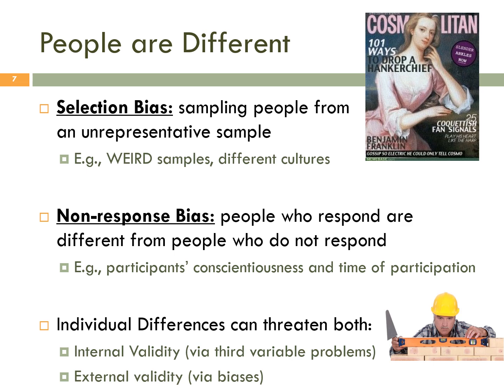The internal validity is that there's a third variable problem that might be that conscientiousness or the culture that they're from. And then the external validity is always how representative of the population they are. Can we take what we found in our sample and apply it to the bigger world and apply it to other people and say that we found something interesting about humanity or about our specific population?